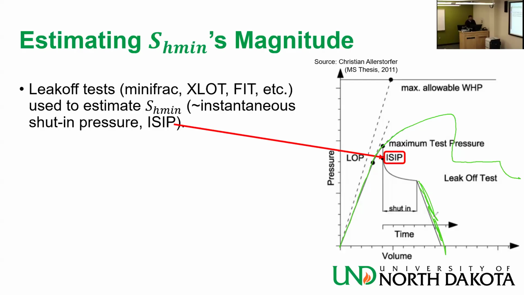this is very similar. Now, it's a little bit too early to say it, but I will say it. If somebody asks you, what is the lowest pressure at which I can get a fracture to initiate? The answer is LOP. Okay, and the highest pressure I can get a fracture to initiate, it's actually the highest pressure I will ever see in the well.